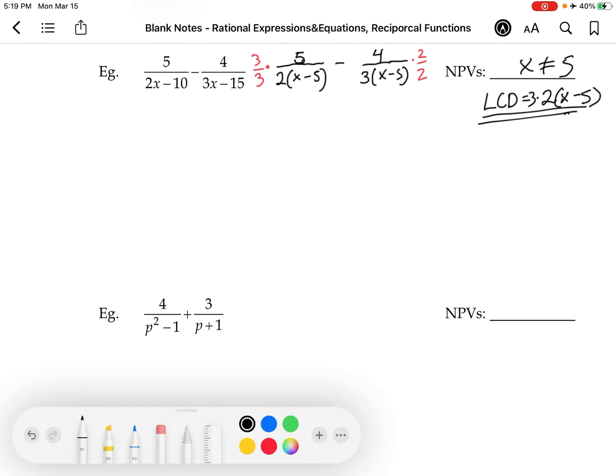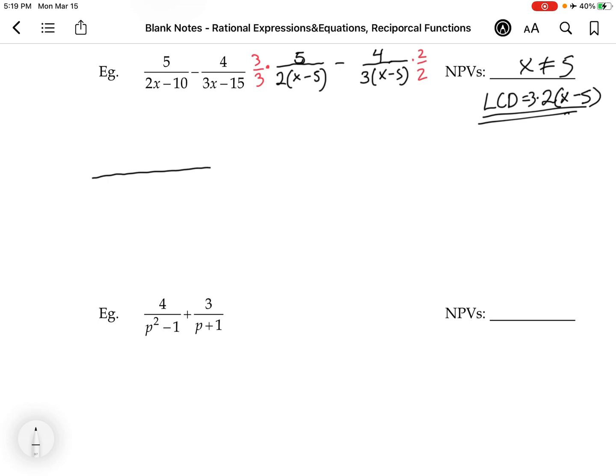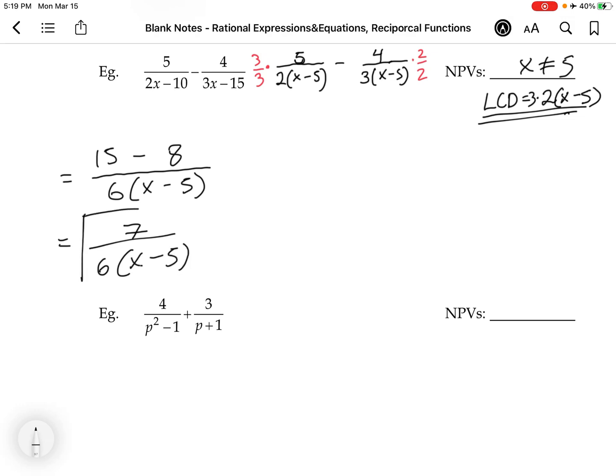Now I'm going to have a single rational expression. My denominator will be 3 times 2 is 6, so I can write this as 6 times x minus 5. In my numerator, I'm going to have 3 times 5 is 15, minus 4 times 2 is 8. So that gives me 7 over 6 times x minus 5.